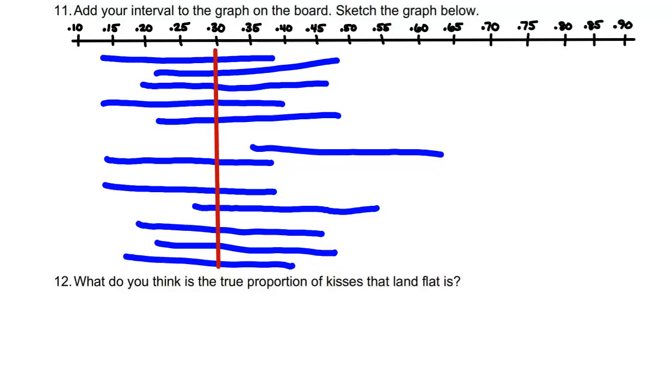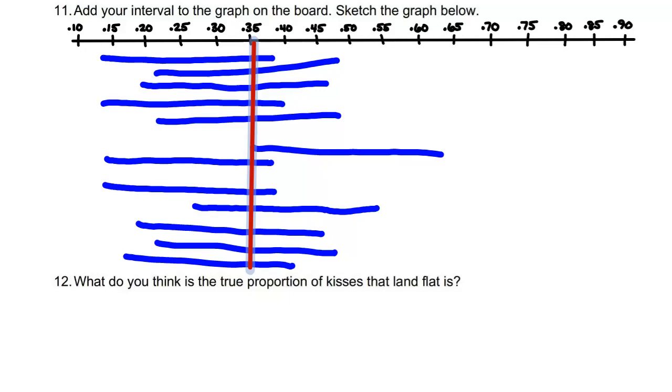So 0.30 would be like this. 0.35 would have us right here. Which one do you think it's closer to? 0.30, 0.35. If you had to pick one number, if you had to make a guess, where would you put the true proportion of kisses? 0.35? It looks like it hits or almost hits every single one. There's just that one that it might not be grabbing.